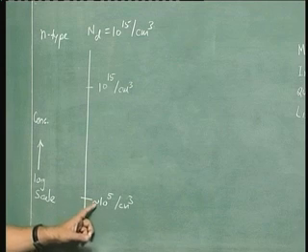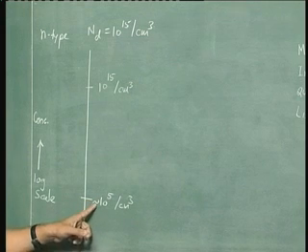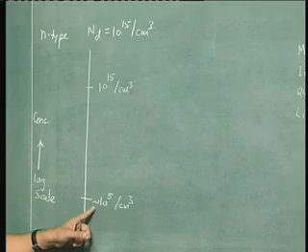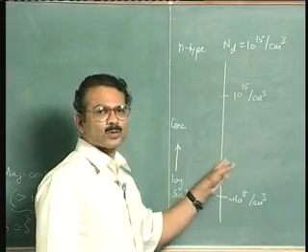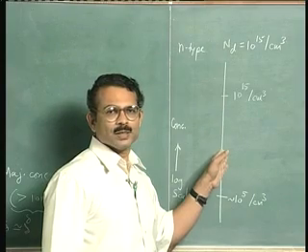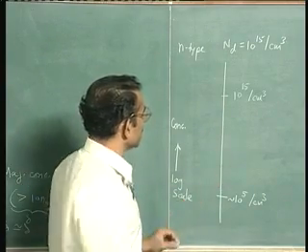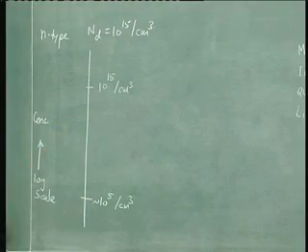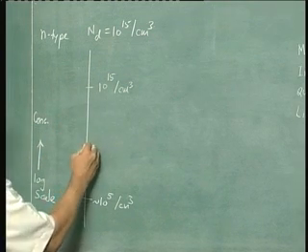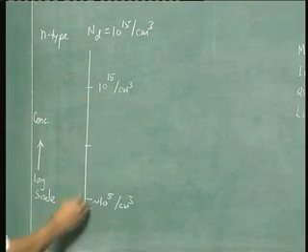I am just not considering the multiplication constant, because when you take ni square by 10 power 15, your ni square will be 10 power 20 into 2.25. So that 2.25 factor I am just ignoring here for simplicity, just to show this particular scale in a simple manner. So here ni would be somewhere here, exactly in the middle on a log scale.